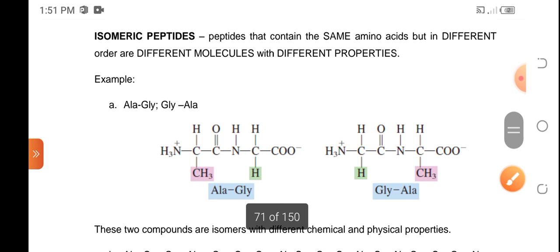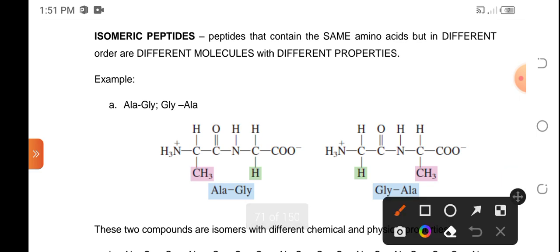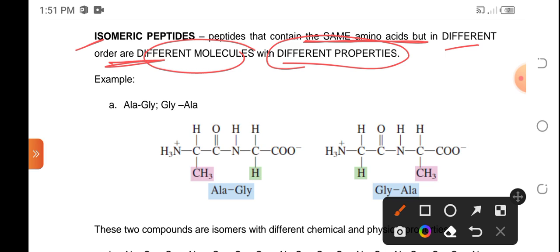Now, what about for isomeric peptides? Okay? Isomeric peptides are the peptides that contain the same amino acid but different order. So therefore, with that difference in order, they are considered different molecules since they are isomers, and of course, they have different properties. So say for example, meron tayong peptide na ang composition niya ay alanine and glycine.